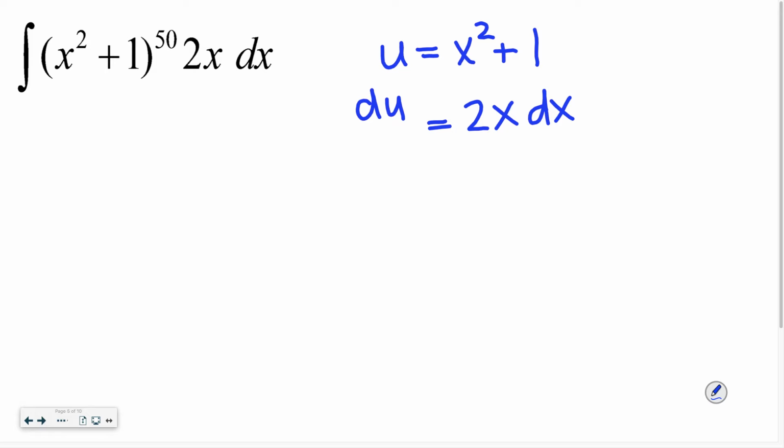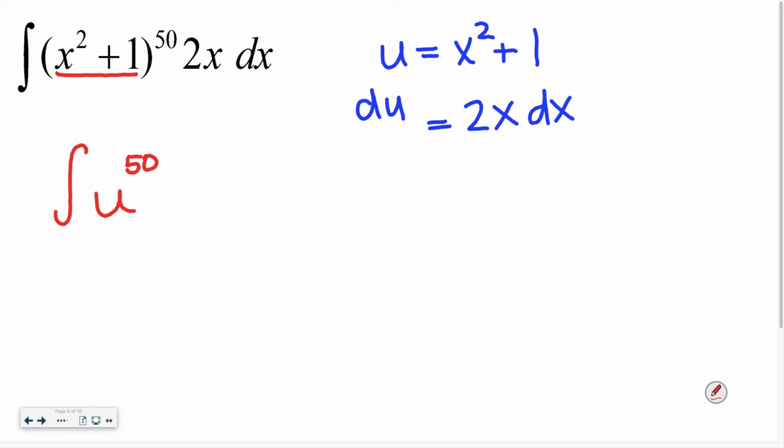Regardless of if you remember it or not, does it make sense why I can move the dx over? Because it was like a fraction, I move the dx over. Okay, now what does that allow us to do? Why do I want you to write it like that, as a differential? Well, now we can take x squared plus 1, and we are replacing that with u. So we have u to the 50th power.